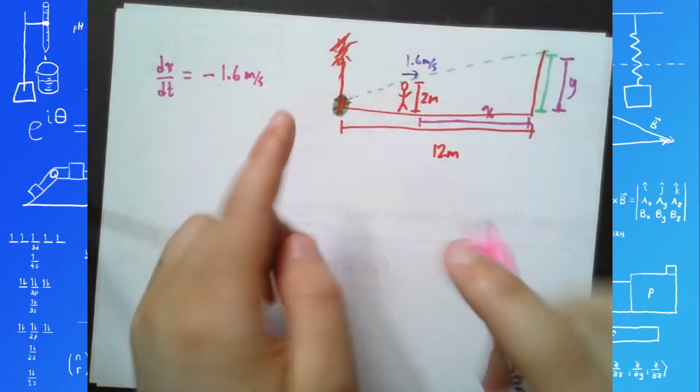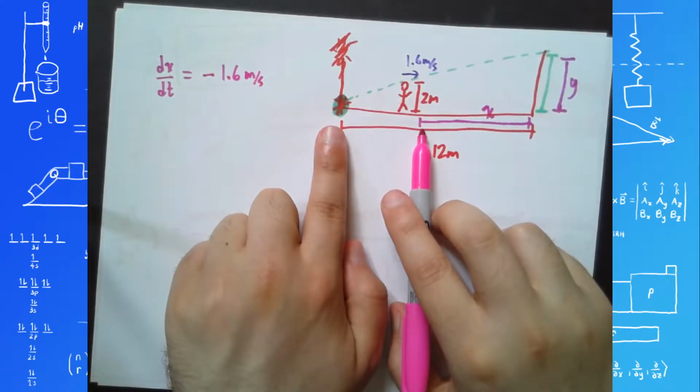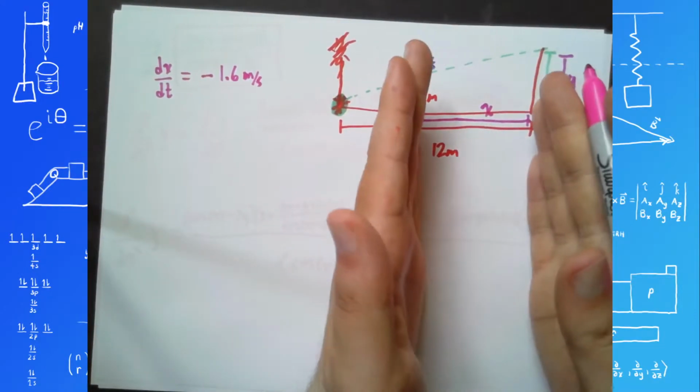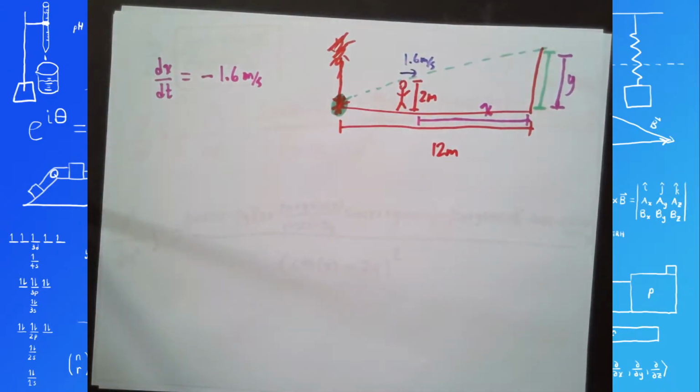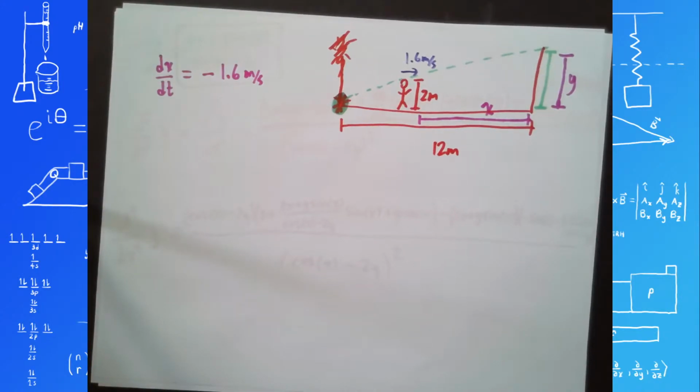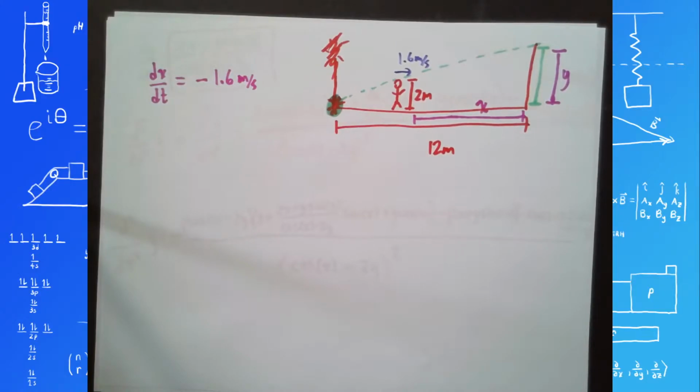Alternatively, you could have made this x, in which case dx/dt would be positive 1.6, and then this would just have been 12 minus x if you had done it that way. But, you know, at that point it's kind of your choice. As long as you stay consistent with your choices, you should end up with the same result.